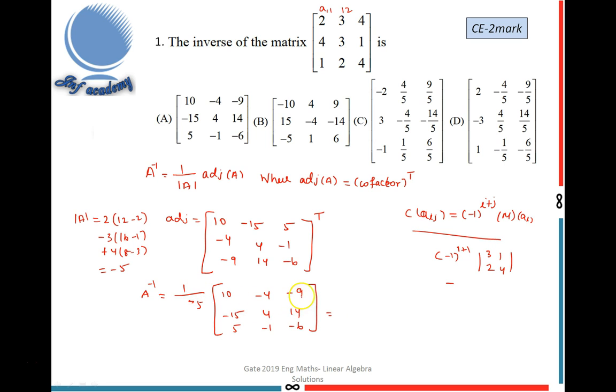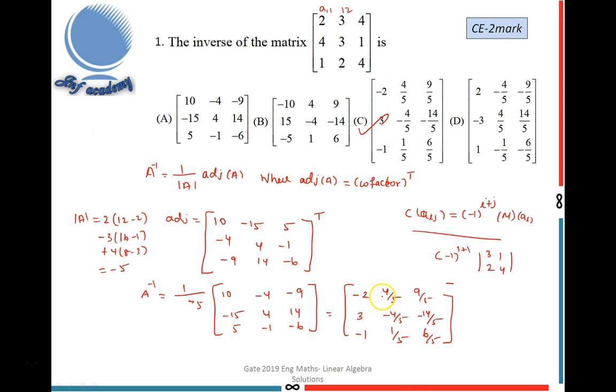Multiplying inside by 1 by minus 5 we get minus 2, 4 by 5, 9 by 5, plus 3, minus 4 by 5, minus 14 by 5, minus 1, plus 1 by 5, plus 6 by 5. This is the A inverse final answer. This is same as option C.